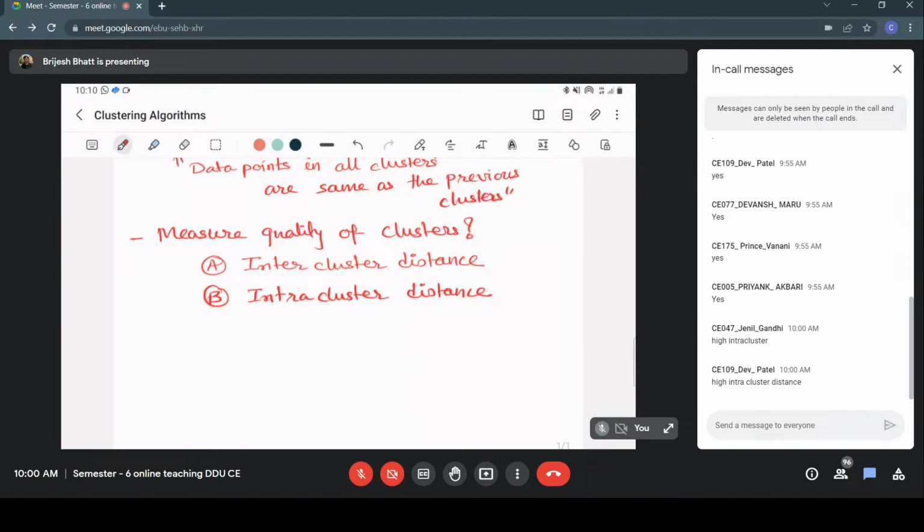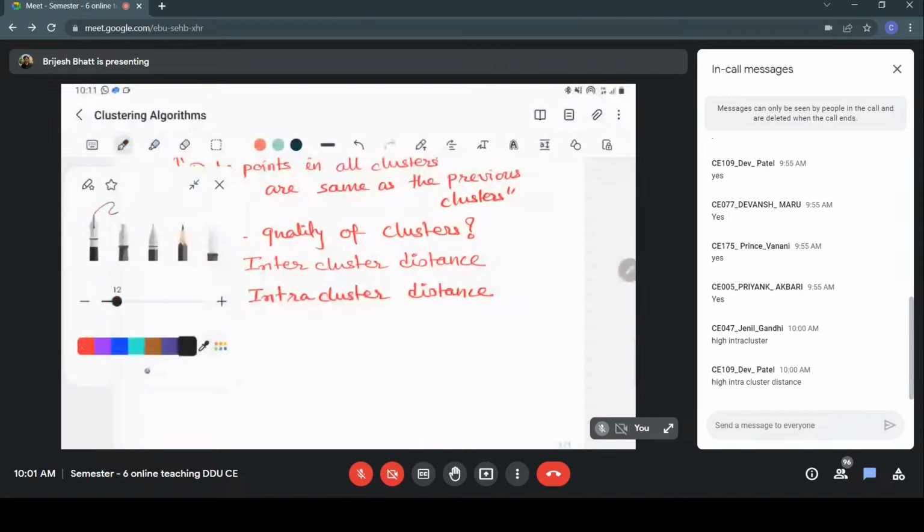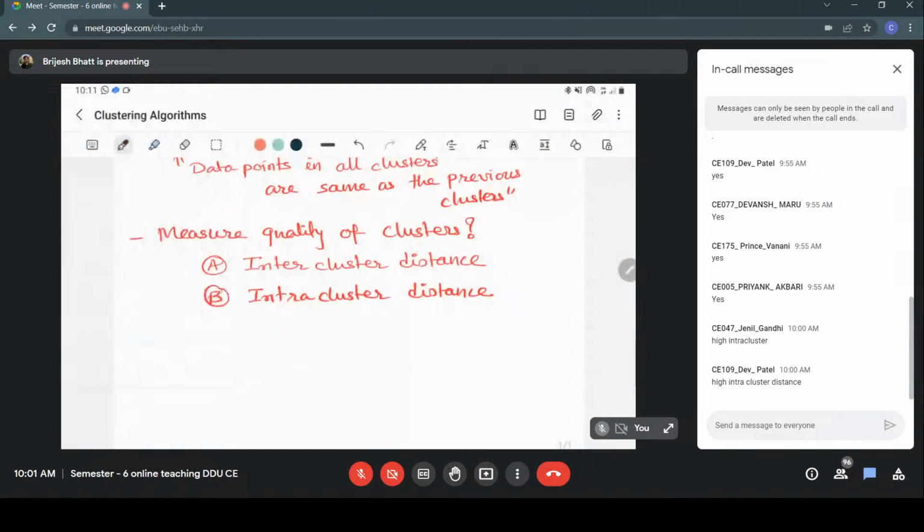We want data points to be together as far as possible. So these are the ways to measure the quality of clustering. If the clusters we have formed have very high intra-cluster distance and very low inter-cluster distance, then we say that we did good clustering.